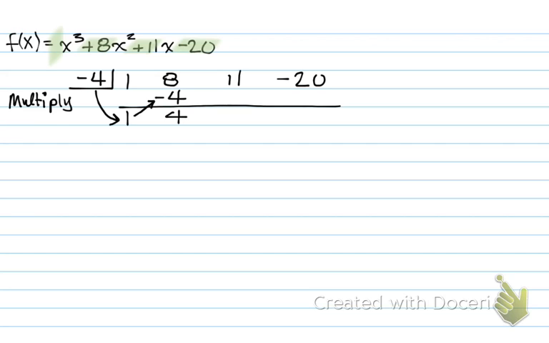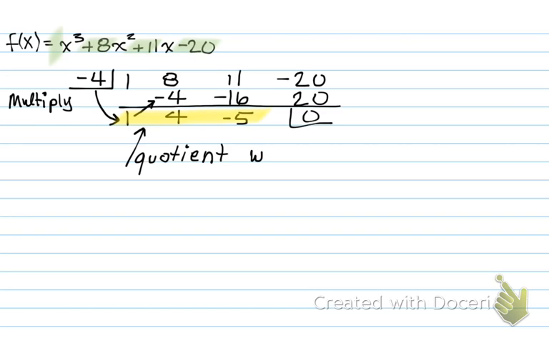As you see there, 8 minus 4 gives us a 4, so we begin to multiply. -4 times that 4 gives us -16, which the sum of that column is -5, and so forth. Ultimately, at the end, we want a 0 in that far right column.